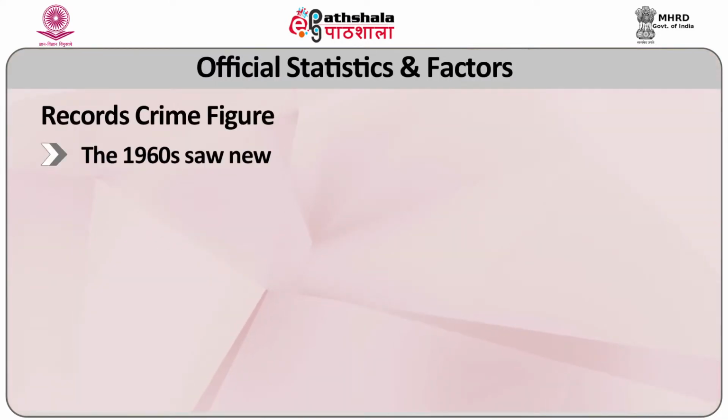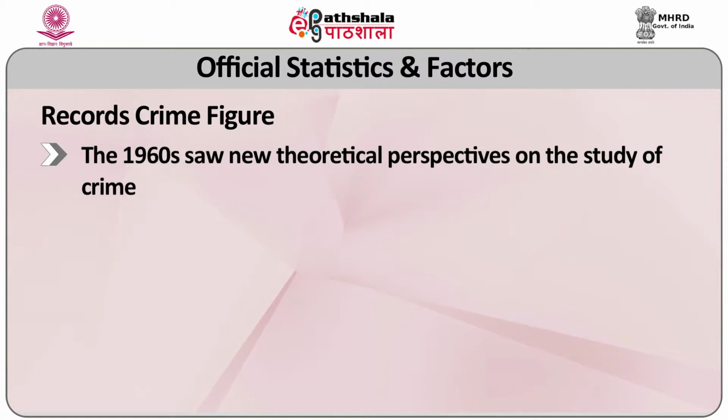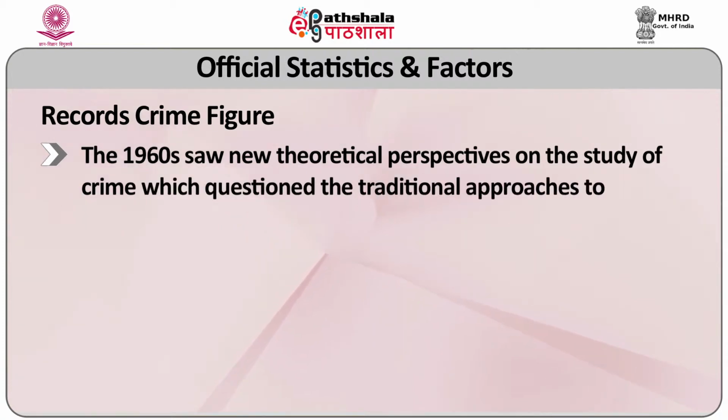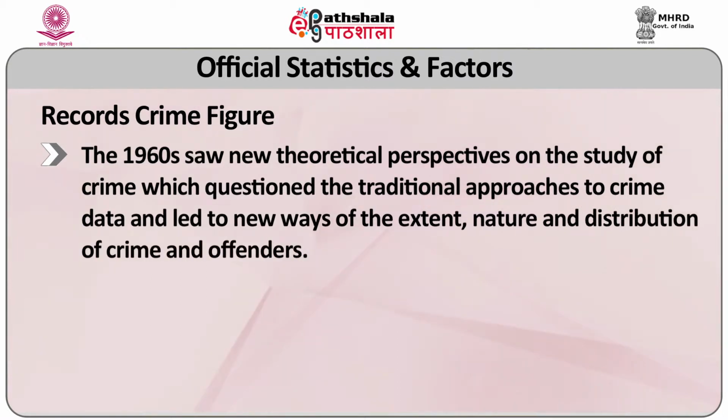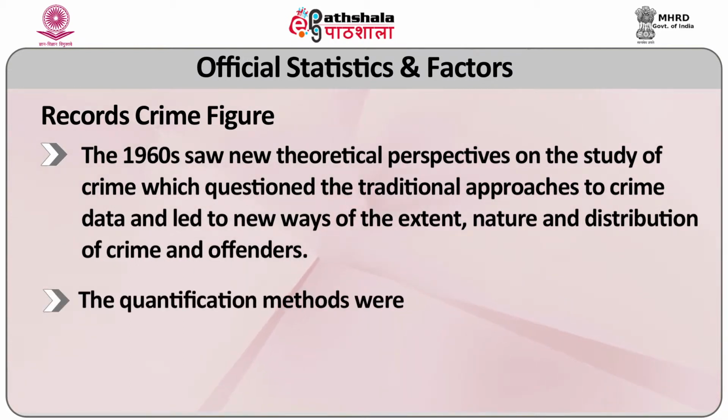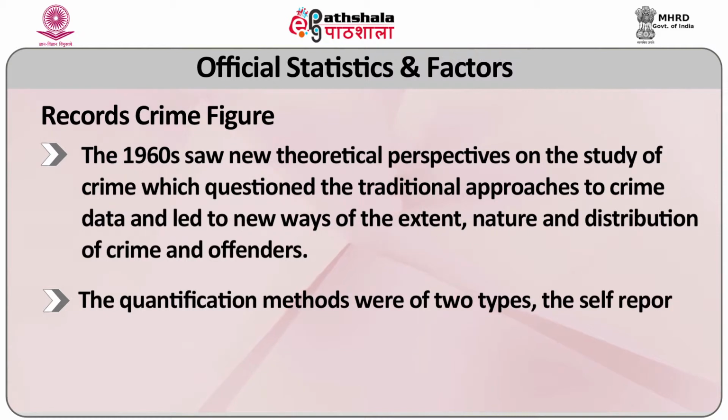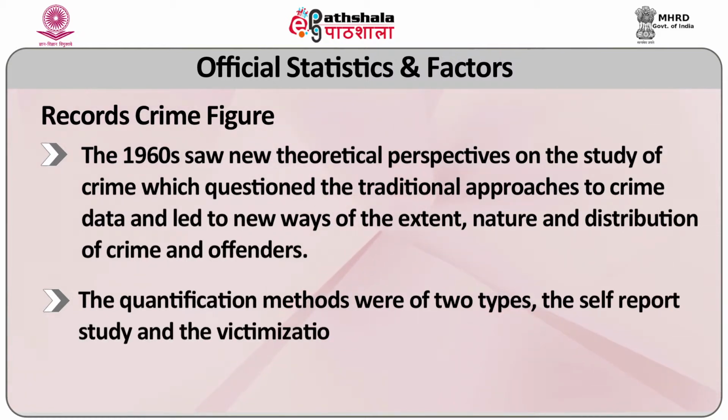The 1960s saw new theoretical perspectives on study of crime, which questioned the traditional approaches to crime data and led to new ways of studying the extent, nature, and distribution of crime and offenders. The quantification methods were of two types. One was the self-report study and the other was the victimization surveys.